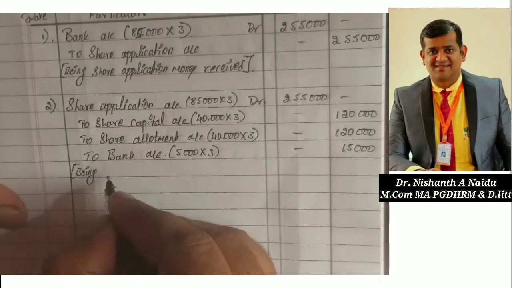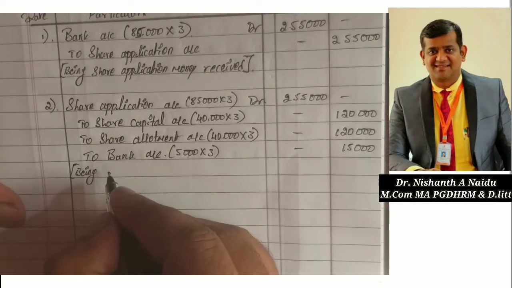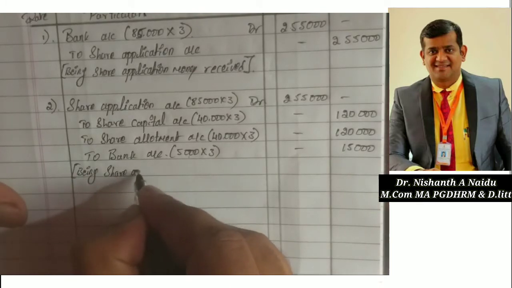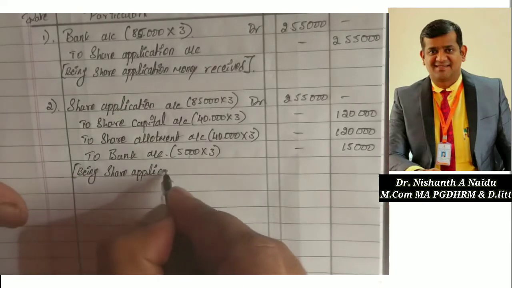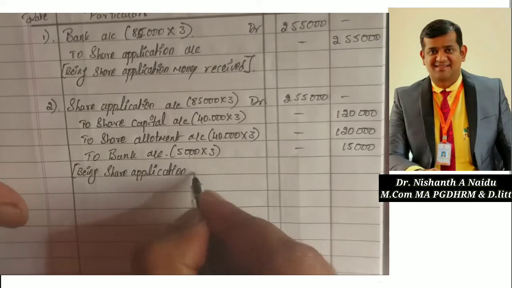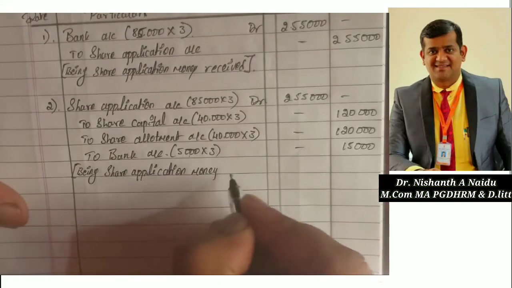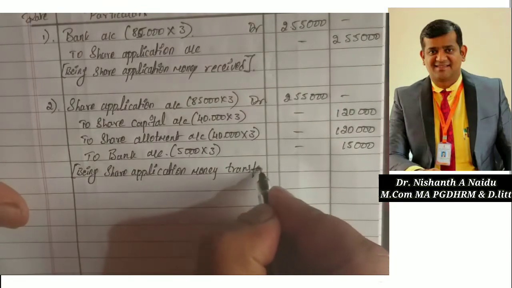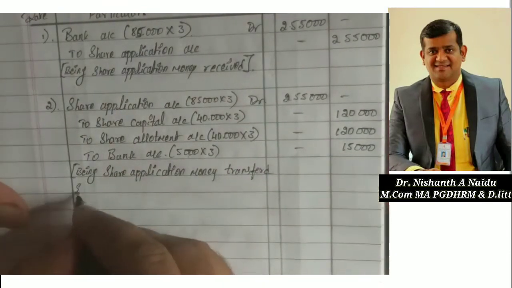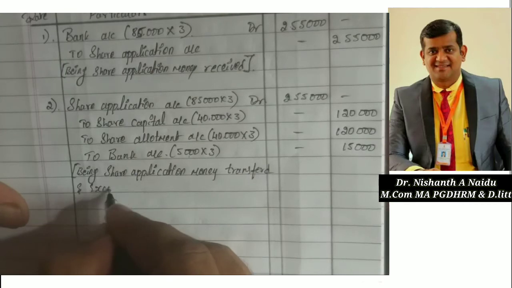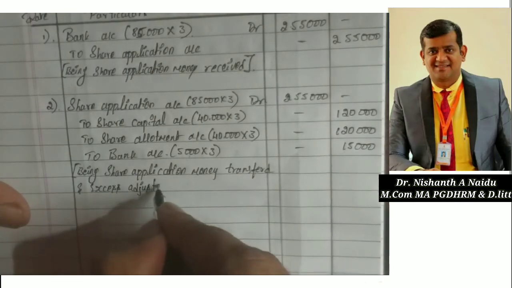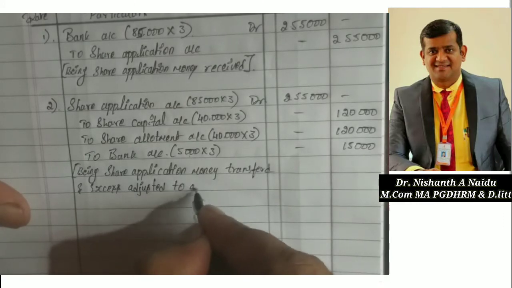Being share application money transferred and excess adjusted to allotment.